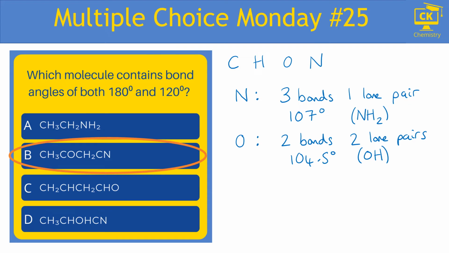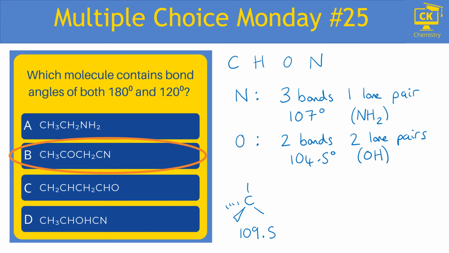Then let's look at carbon. Now carbon, of course, can form multiple bonds, which gives it a little bit more flexibility. And let's look at carbon in the way that it could be bonded. Carbon has the option of forming 4 single bonds, which gives 109.5 degrees.